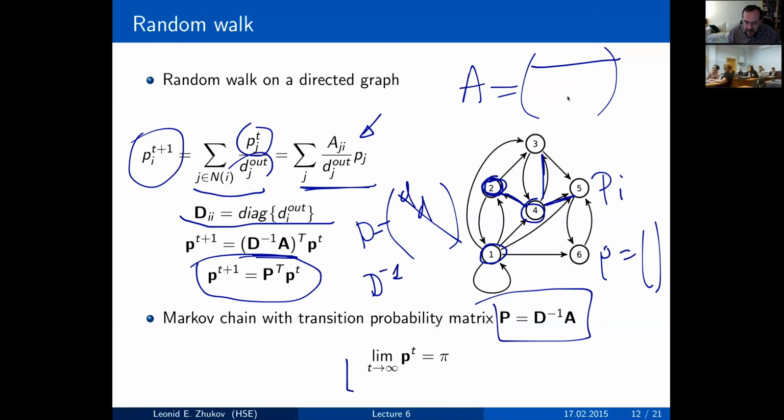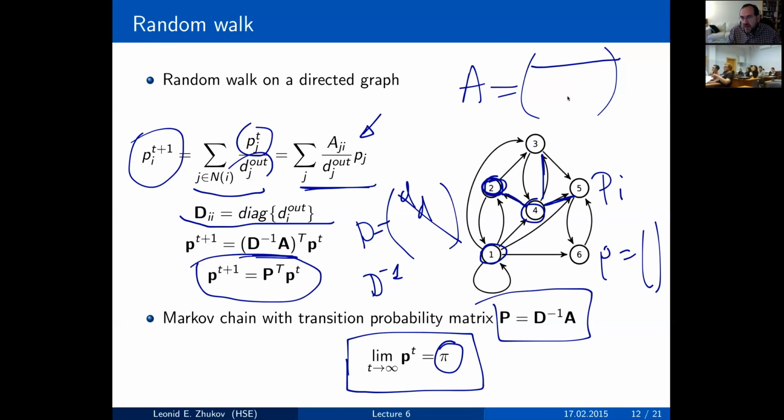But under those conditions, there is a limit of this p at time t as time goes to infinity, and there is a stable distribution or limiting distribution of the Markov chain. Which means that those iterations will converge to some probability distribution that doesn't change with time. And that probability distribution is your PageRank score.